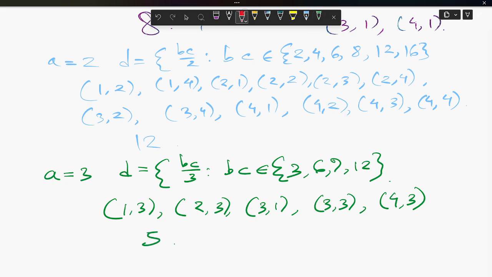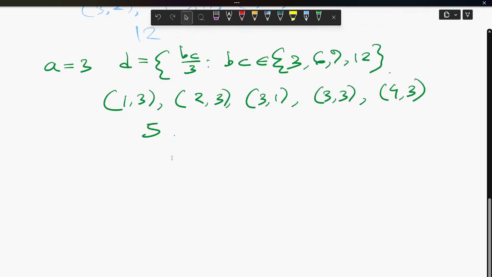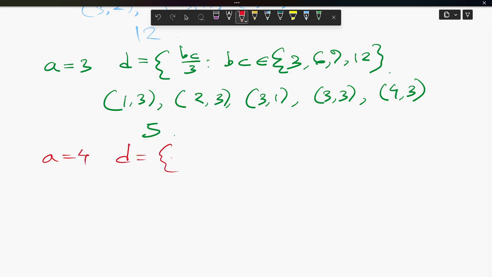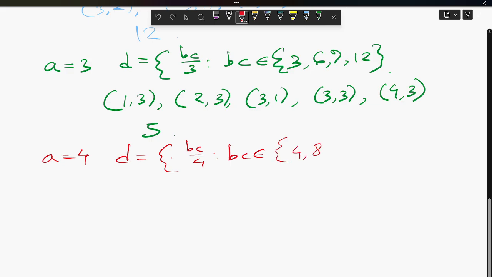And now lastly for A equals 4, D is equal to BC upon 4, and BC will belong to 4, 8, 12, and 16.